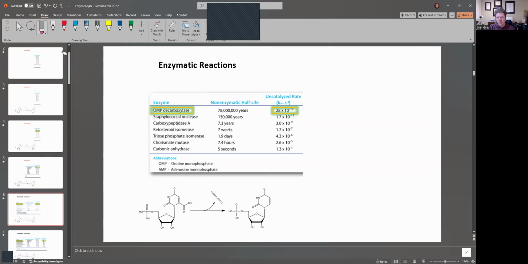The enzyme that can catalyze this specific reaction is OMP decarboxylase. Now, keep in mind, this is our uncatalyzed rate. When OMP decarboxylase is present, it's going to go at a different rate. It's going to happen at approximately 39 per second.